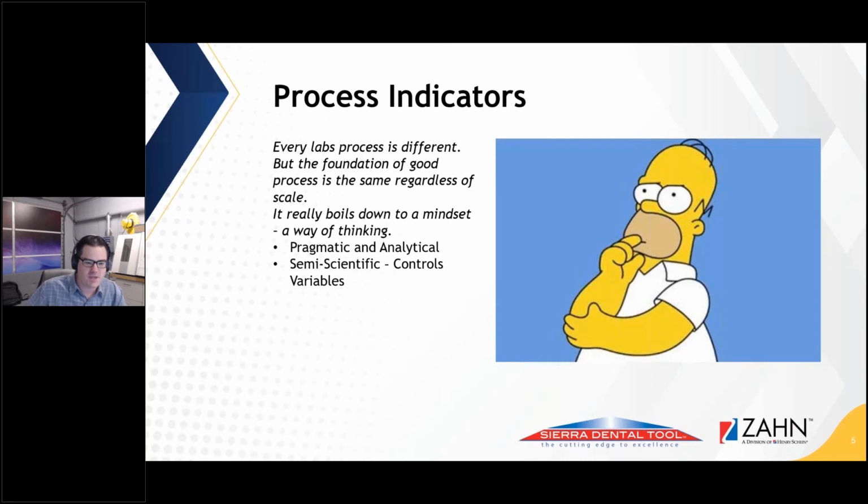If you look at how you're doing your production in a pragmatic and analytical way, and when you make changes, you control variables. Think about the scientific process. Don't change 7 things at once because you won't know what the effect of that change was in your process.